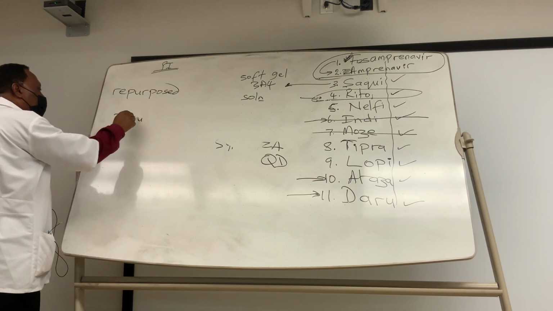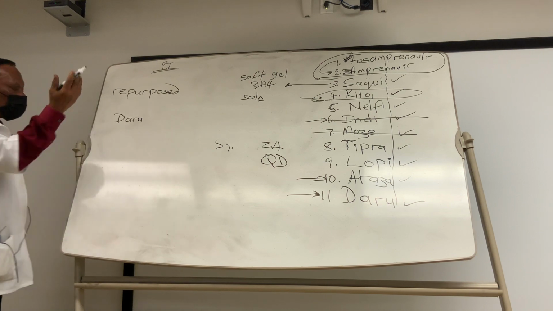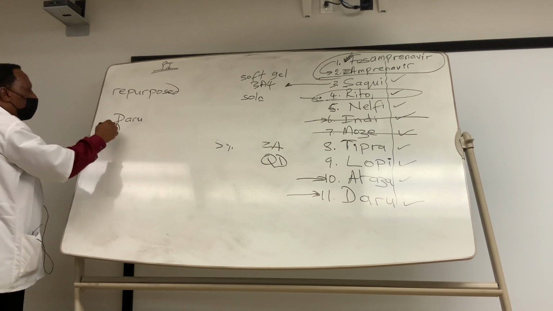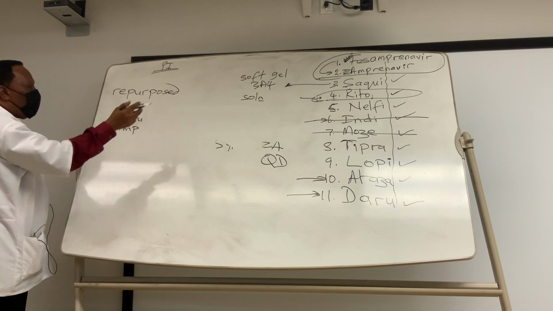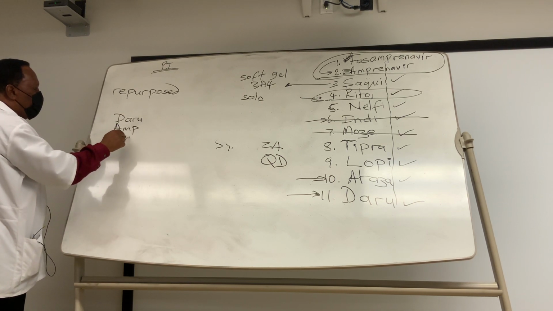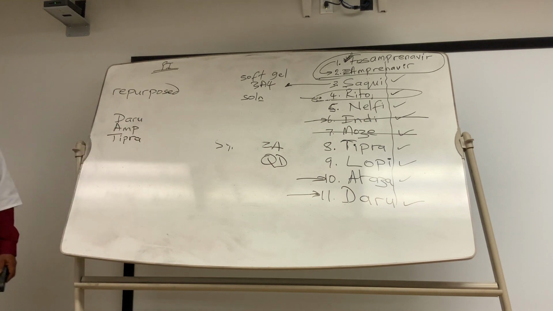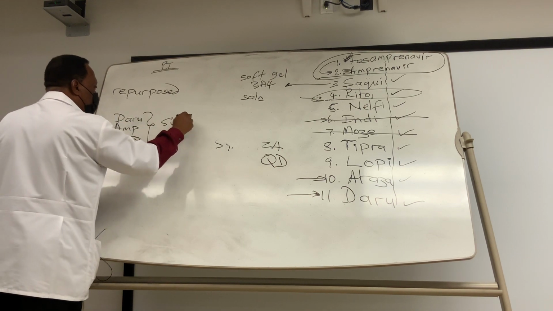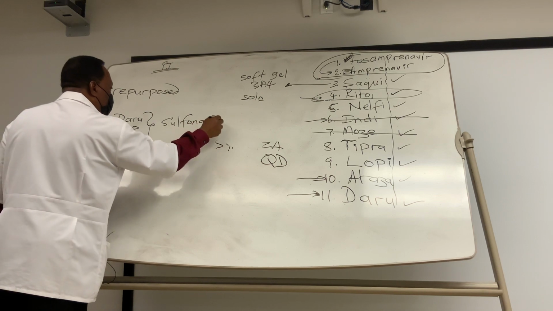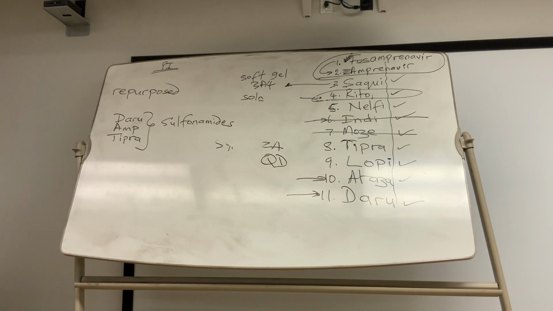Darunavir, amprenavir and tipranavir, those PIs are also chemically sulfonamides. And so that will give you an idea of what their adverse effects will be.